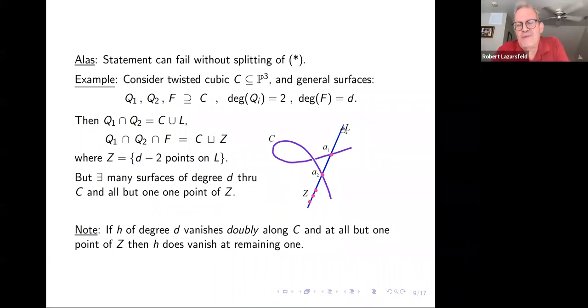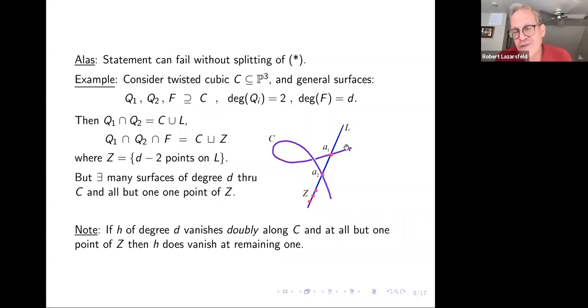Well, let's see how many times such a surface has to contain L. The surface is double at C, so it meets L twice at each of these points A1 and A2, and then we're assuming it passes through D minus 3 of the other points of Z. So how many intersections have we accounted for on L? We've got D minus 3 plus 2 plus 2. So that's D plus 1.